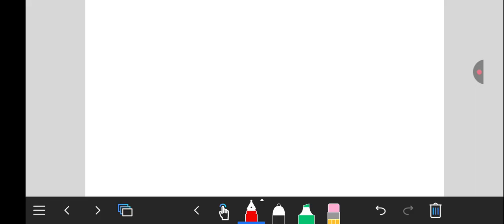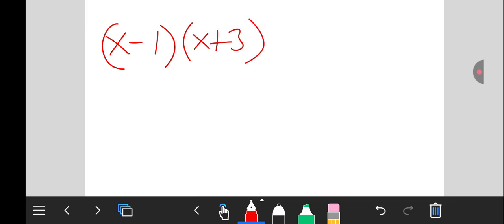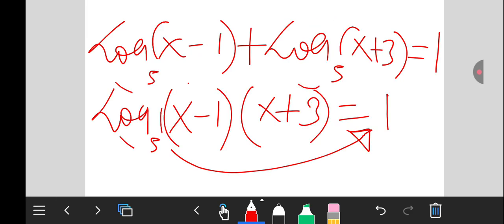So what we are going to have is x minus 1 multiplied by x plus 3, which is x plus 1 multiplied by x, this must, x minus 2, is equal to 5 raised to the power 1. Okay, that is what we had.